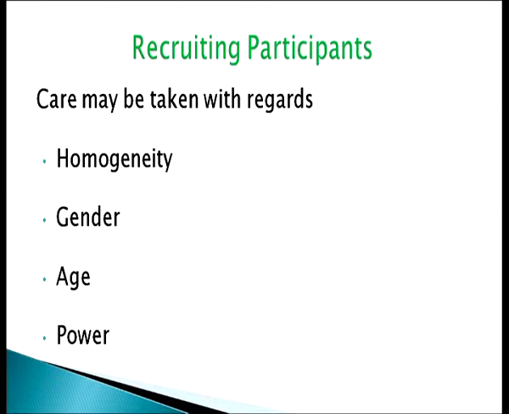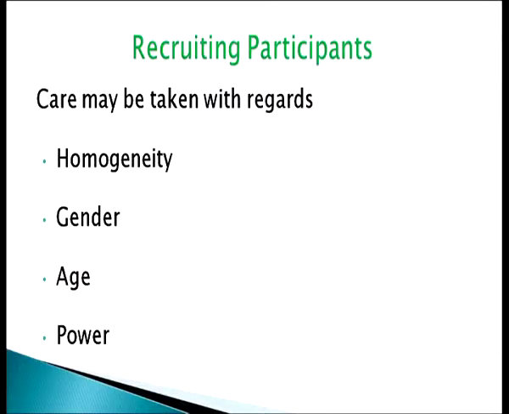While identifying the participants for your FGD, care has to be taken. Usually, it is better for groups to have homogeneity. Heterogeneous groups may tend to engage in discussion in different directions. It is always better to have homogeneous groups, and depending upon the issue and the situation, even gender-wise, it is not just gender-wise groups; mixed groups can also be made, but care has to be taken depending upon the content of your FGD.